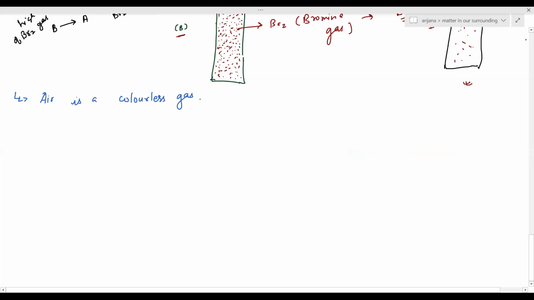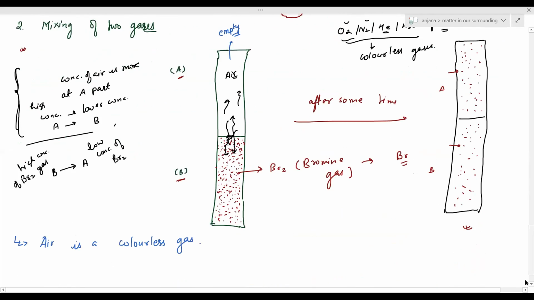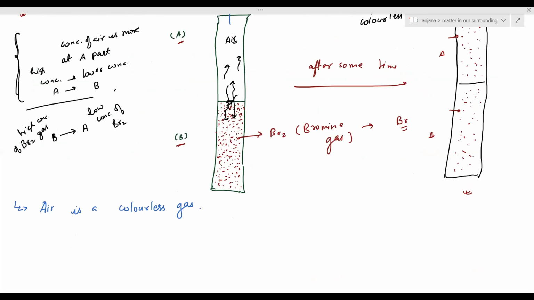So when you are looking at this jar, it looks like it's empty, but actually it is not empty. It is filled with air. So you write down air is a colorless gas.